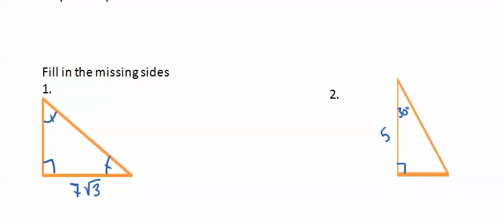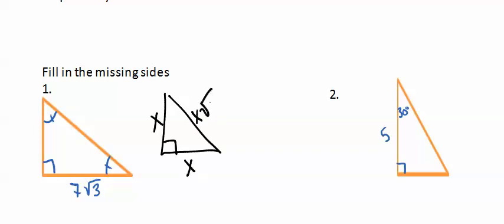Let's look at a couple examples of how you might use this. If we look at number 1, you see that the angles are congruent and it has a 90 degree angle. Since the angles are congruent, that means that the angles must be 45, 45, 90. And what you know about a 45, 45, 90 is the relationship is x, x, x square root of 2.